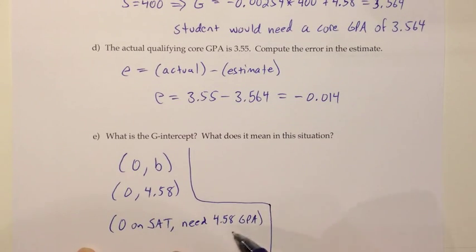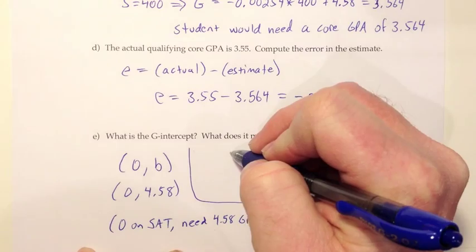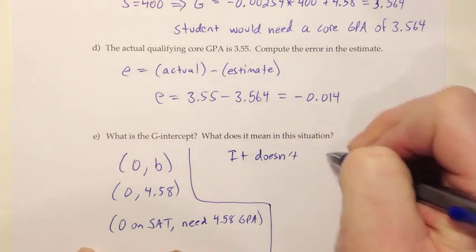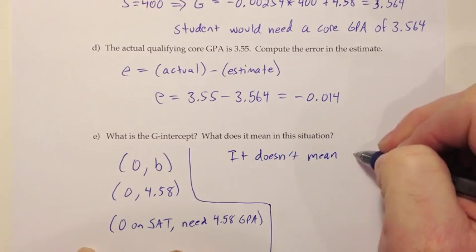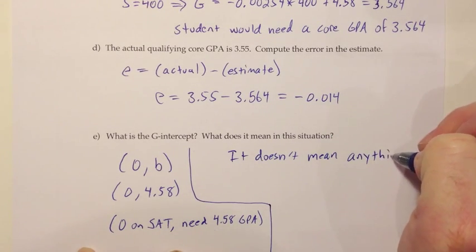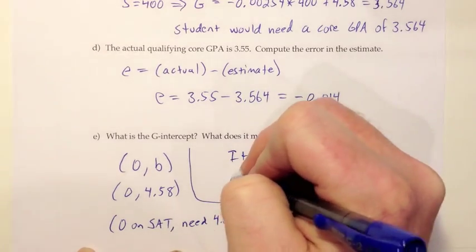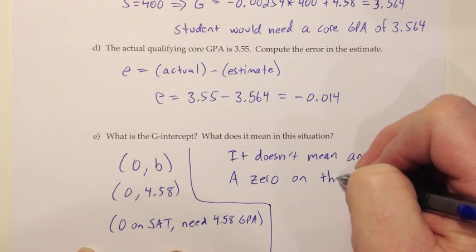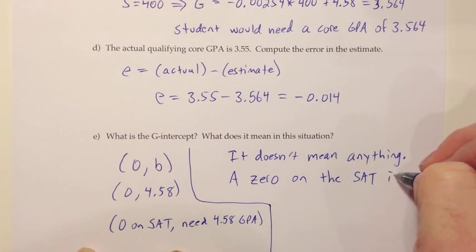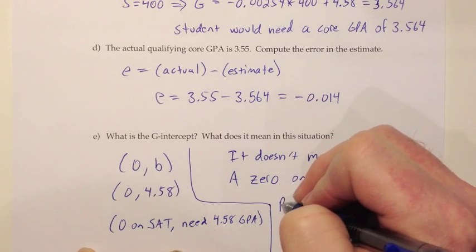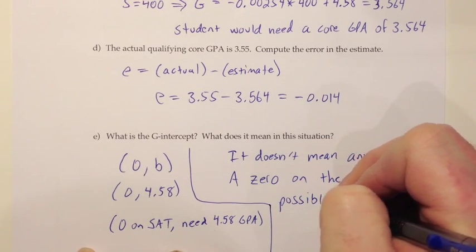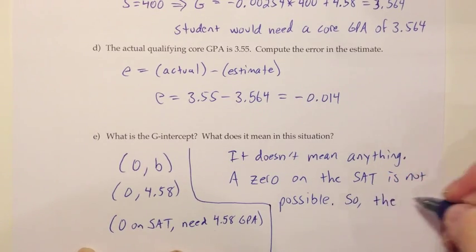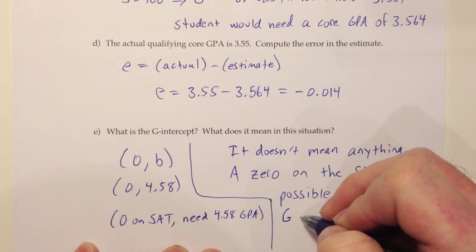I could start to interpret it this way, but I think the better answer is it doesn't mean anything. A 0 on the SAT is not possible, and that means that the g-intercept is irrelevant.